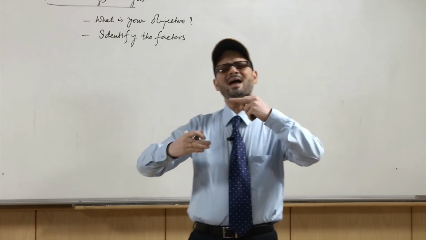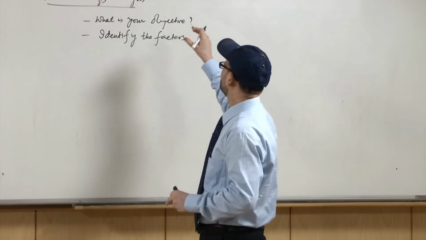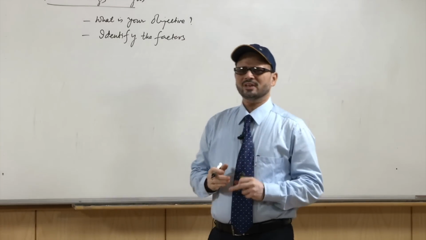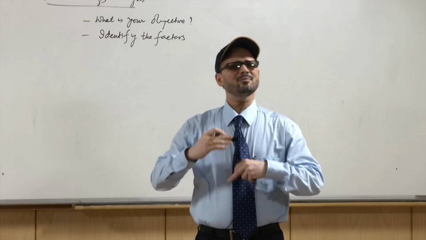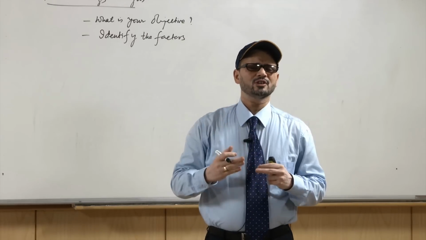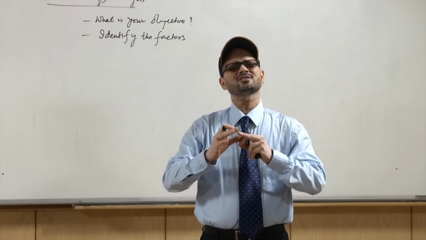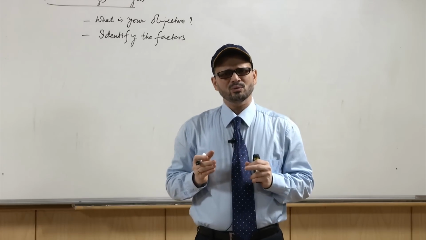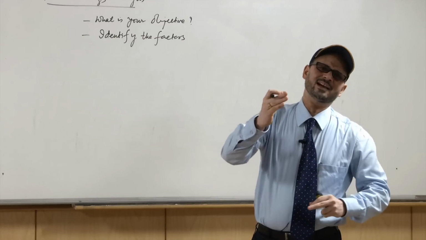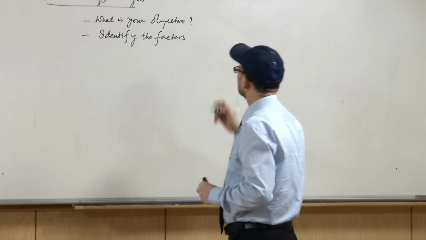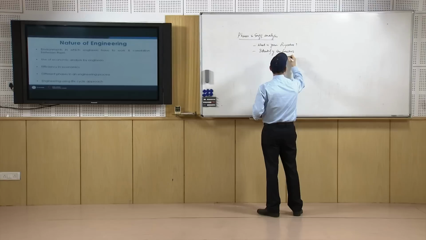Now, once you have set the objective, certainly the objective cannot be achieved easily. There will be some factors which are coming in the way of obtaining the objective. So, there is a factor known as the limiting factor.